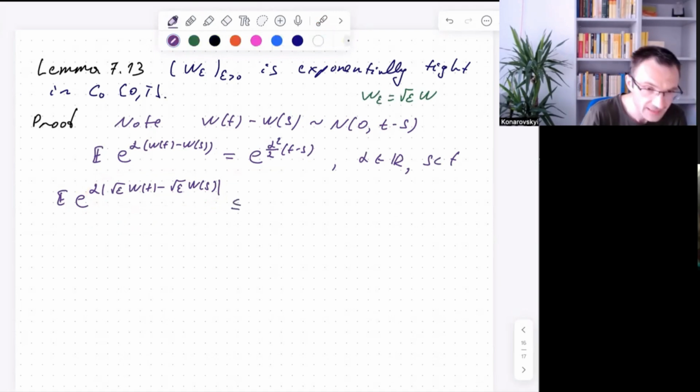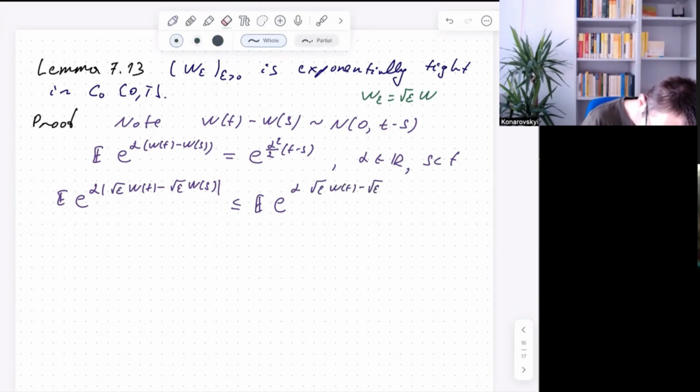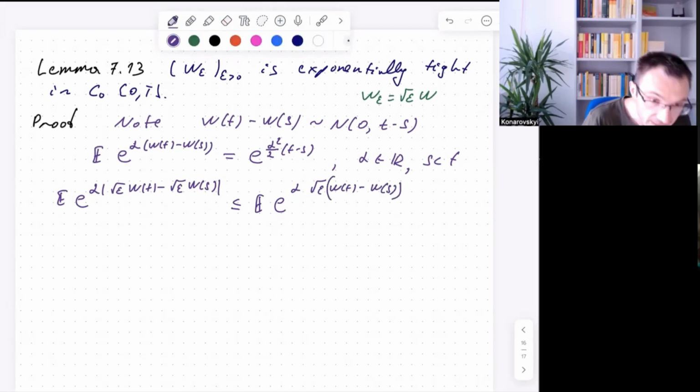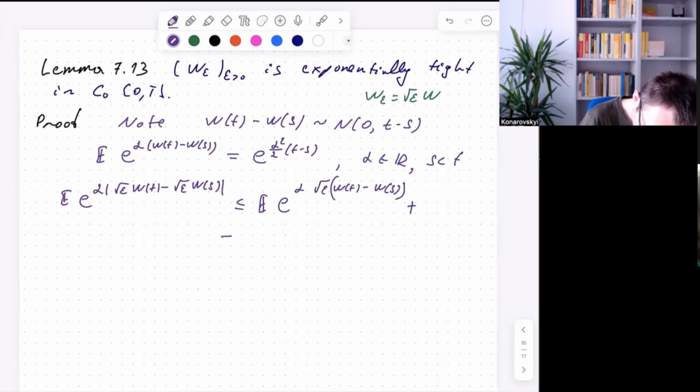I will estimate it by the expectation of e to the power alpha square root of epsilon (W_t minus W_s), with the square root of epsilon put outside the bracket, plus the expectation of e to the power minus alpha square root of epsilon (W_t minus W_s).